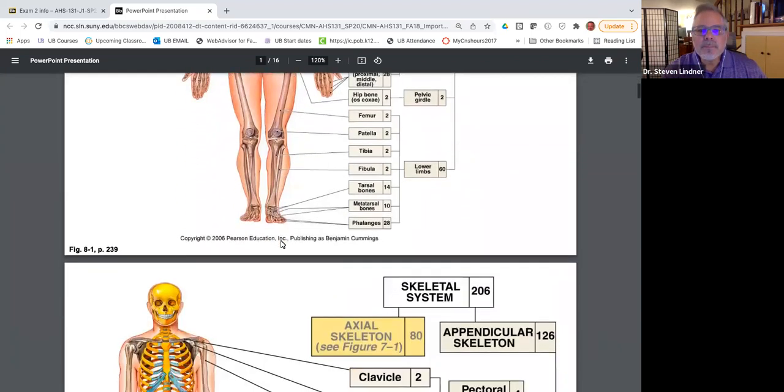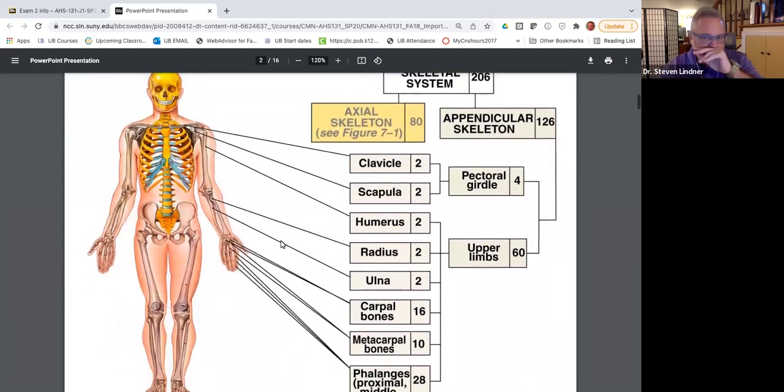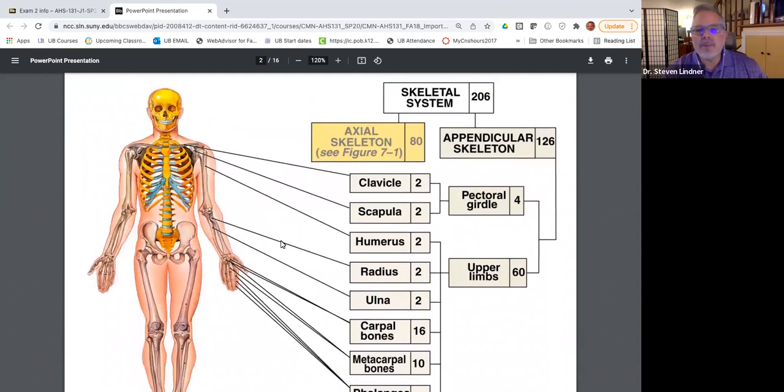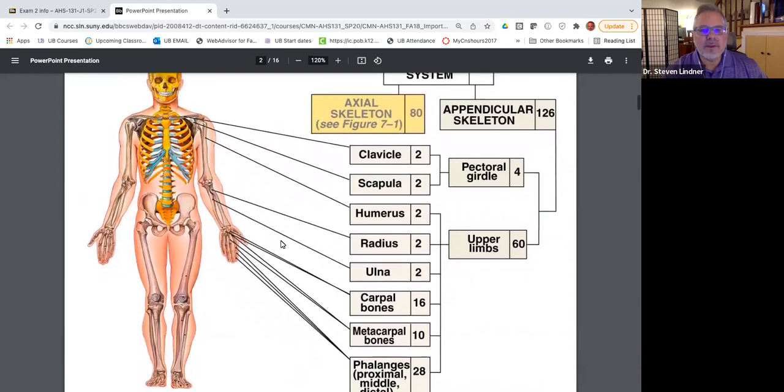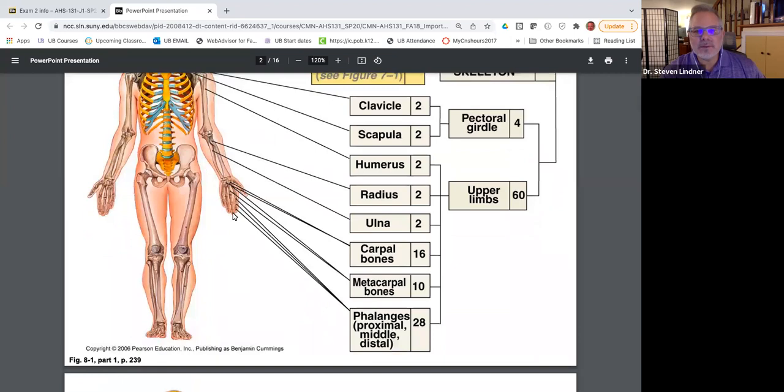Today, we're going to be looking at parts of the appendicular skeleton. And we're going to focus on the upper extremity, which is what we see here. We're going to look at the clavicle. We're going to look at the scapula. We'll look at the humerus, the radius, the ulna, the carpals, the metacarpals, and the phalanges.